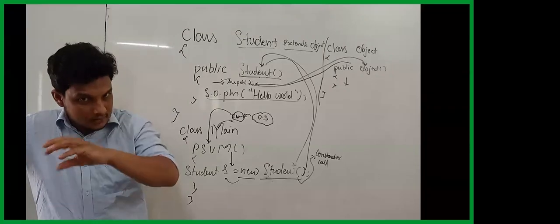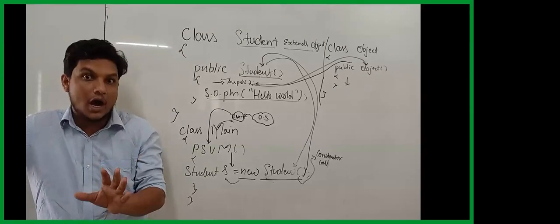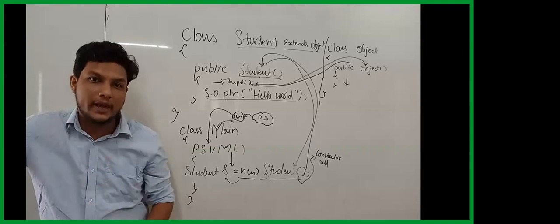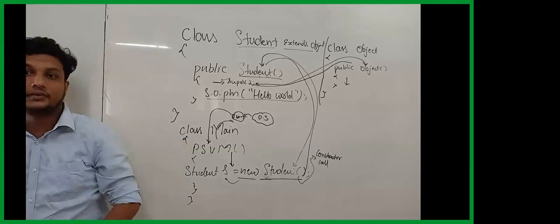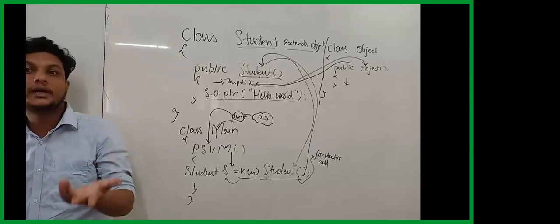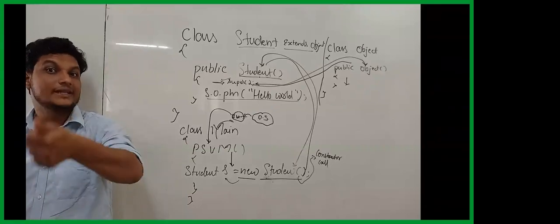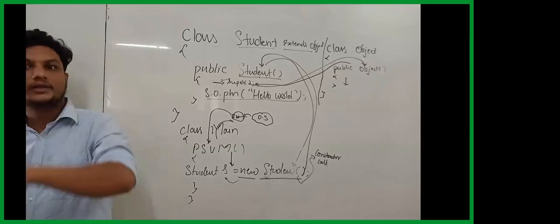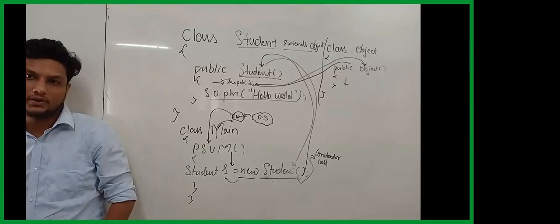Initialized means if you have given a value, it will take it; otherwise, default values. After that, the static block will be executed automatically. After that, the constructor will come in. Not the constructor yet; before the constructor, the instance block will execute. Then the constructor will come into the picture. Then your static method or instance method is going to come in.